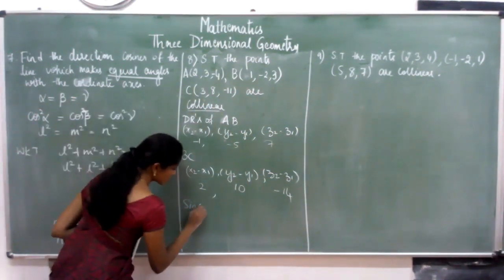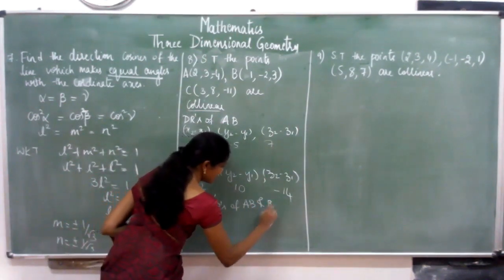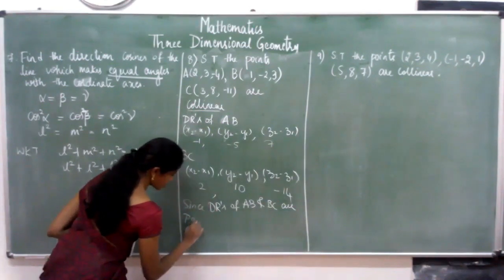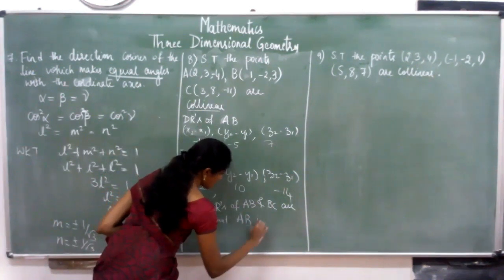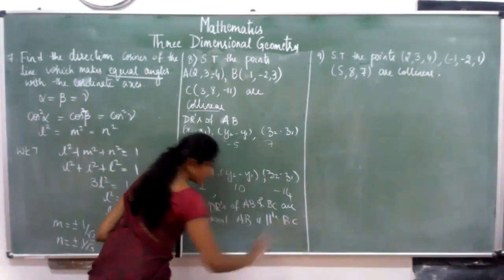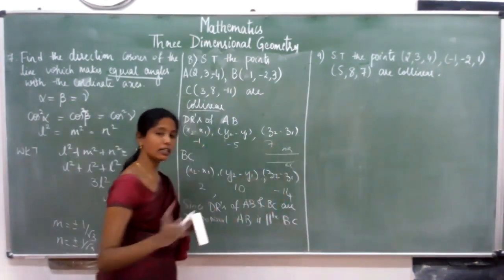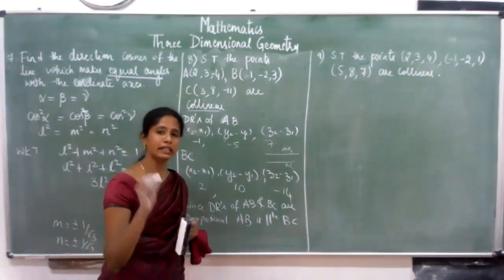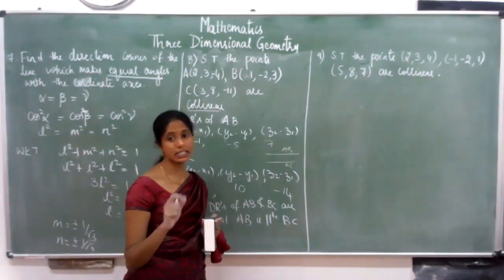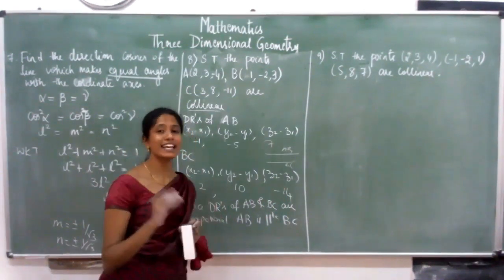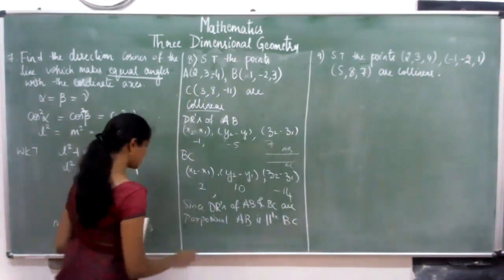Since the direction ratios of AB and BC are proportional, we can say the line AB is parallel to BC. But here one more thing you should observe: the point B is common to both the lines. If a point B is common to both the lines, then it is understood that A, B, C are collinear. That is, the points A, B, C are all lying on the same line.